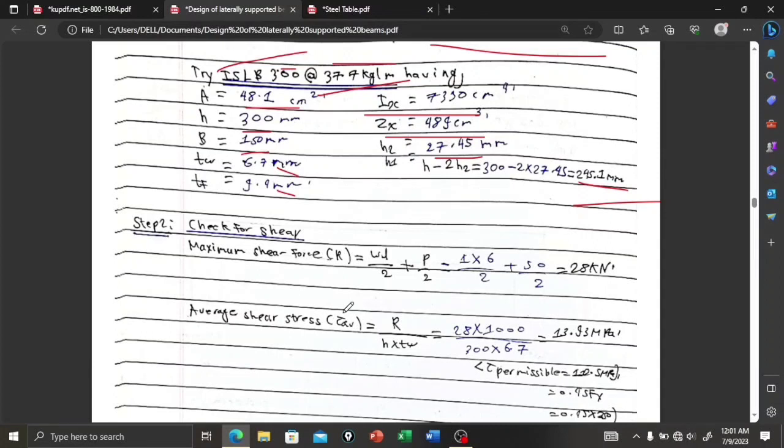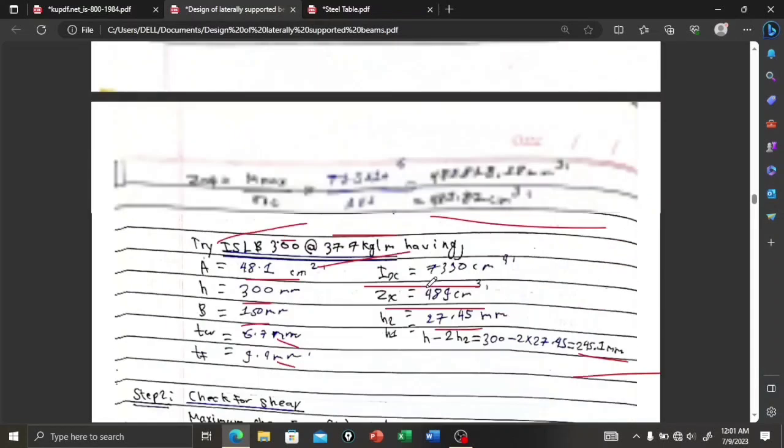Check for shear. Maximum shear force is WL by 2 and P by 2.